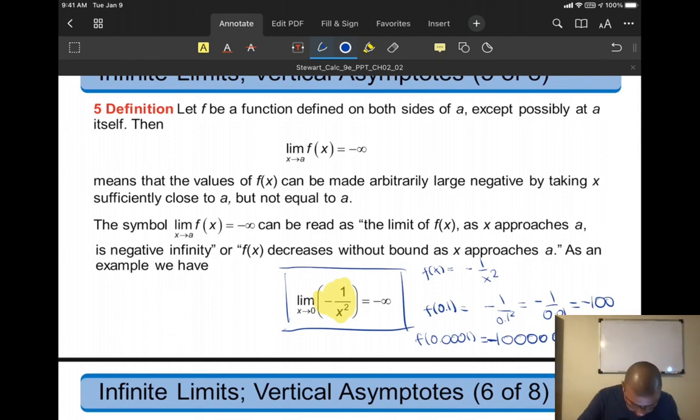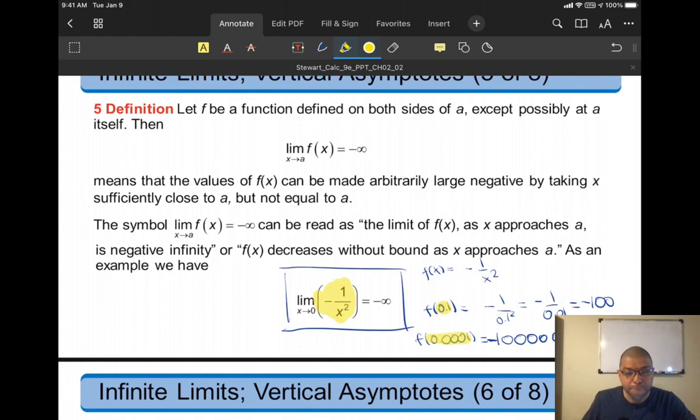I'm choosing x values very, very close to 0, getting closer to 0, but the outputs are getting very, very large and negative. So I write this: we have an infinite limit here, minus infinity. The limit of f of x as x approaches 0 equals minus infinity.